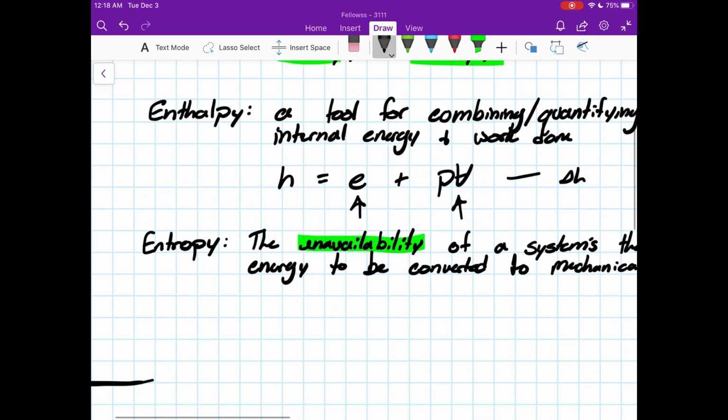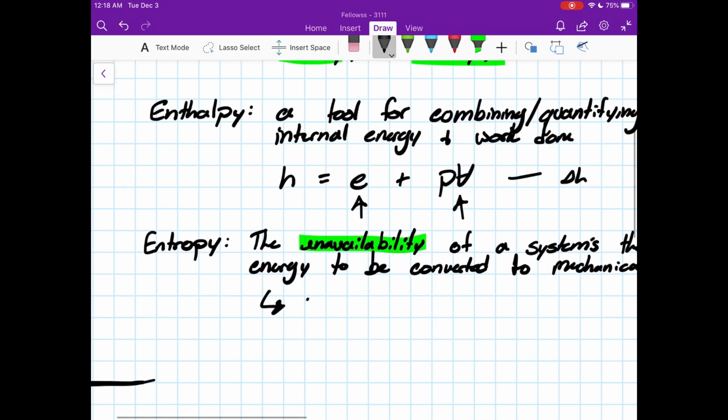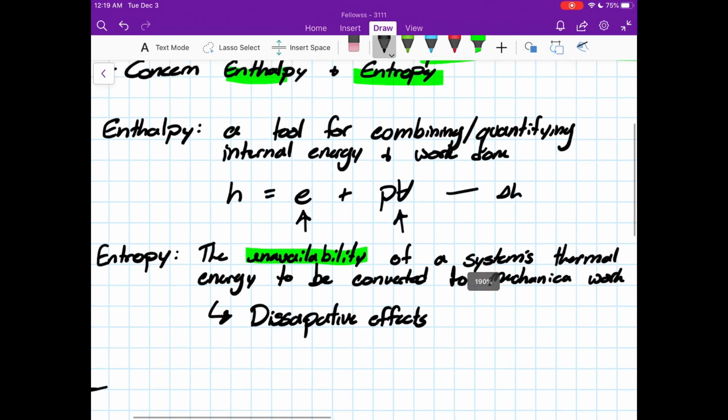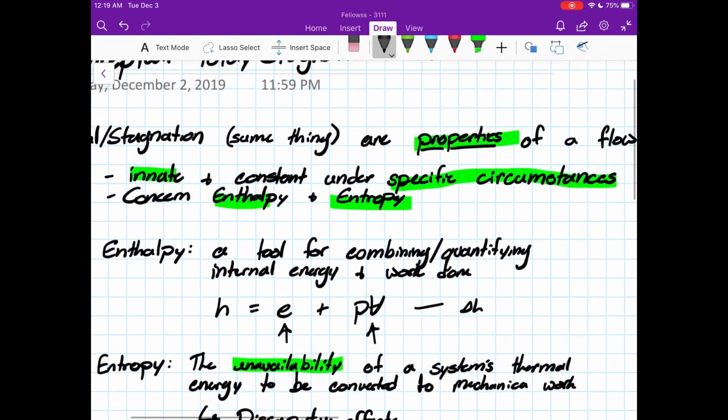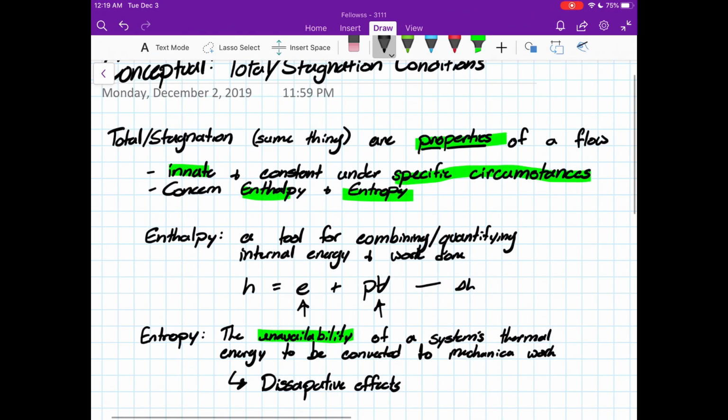So usually when you think entropy, think dissipative effects. As you encounter dissipative effects, you increase the entropy of your system. You become less able to do something useful with the thermal energy in that system, right?